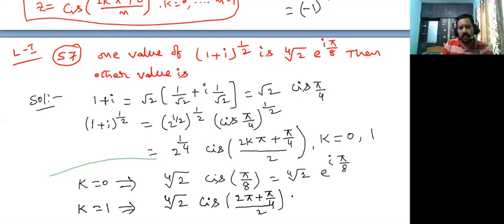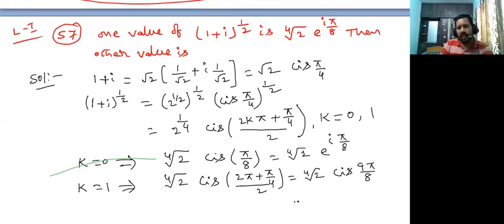Overall, this is fourth root of 2, cis, 4 twos are 8, 8 plus 1 is 9, 9 pi by 8. Written in exponential form, the final answer is fourth root of 2 e power i 9 pi by 8. This is the answer. One root is given, how to find the other root?